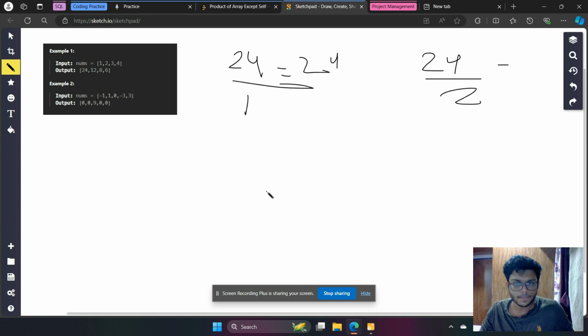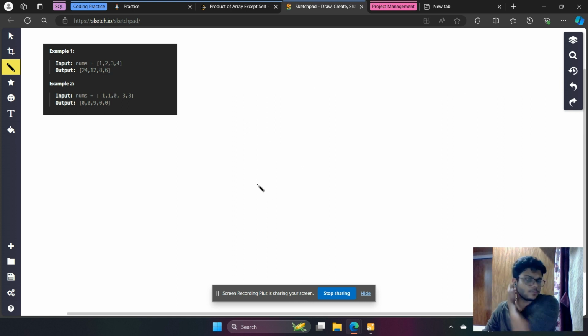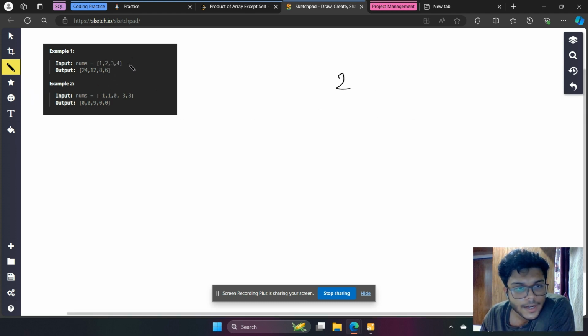So another way of doing this is we can use a prefix product. Say we take the number 2. On the right side of 2, we have 3 and 4. The multiplication of 3 times 4 is 12. And on the left side, we have 1, so just 1.